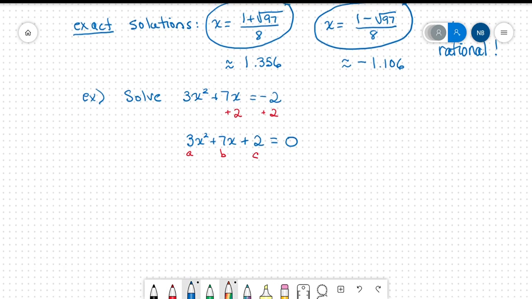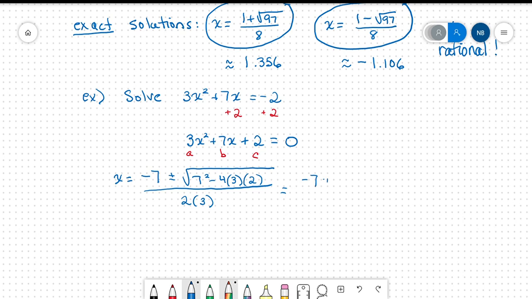The quadratic formula tells us that x is equal to negative b plus or minus the square root of b squared minus 4 times a times c, and this is all divided by 2 times a. This is equal to negative 7 plus or minus the square root of 7 squared is 49.